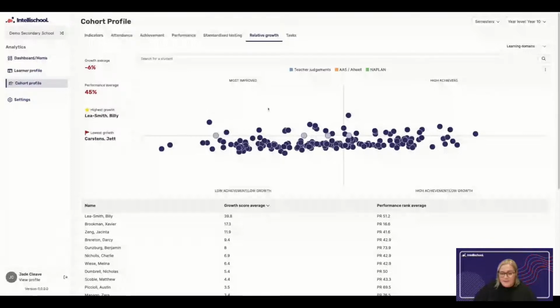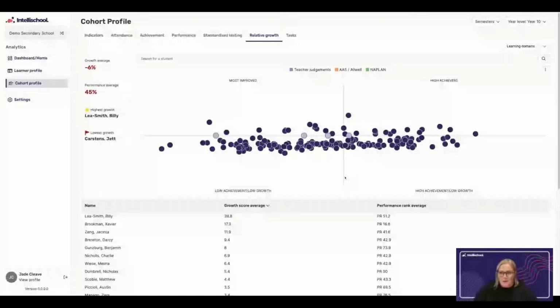Let's take a look at the actual quadrant chart itself. So as you've probably guessed by now, each of these different plot points represents an individual student. So what we have plotted on the x-axis, so from left to right, is achievement. So how well they've actually performed in the given subject areas. And then on the y-axis, so from top to bottom, we have growth.